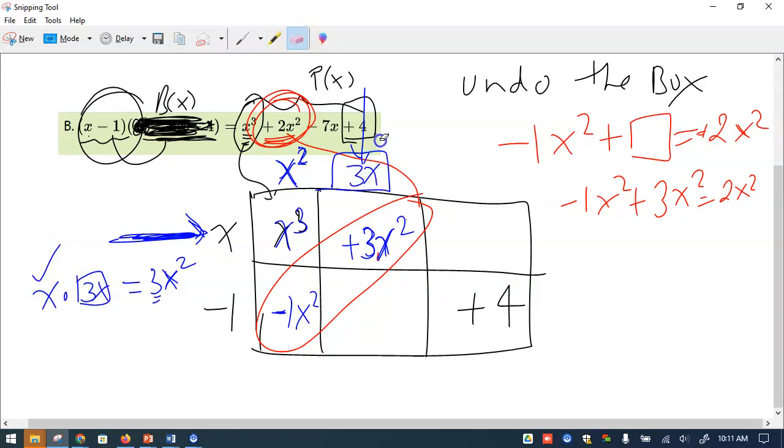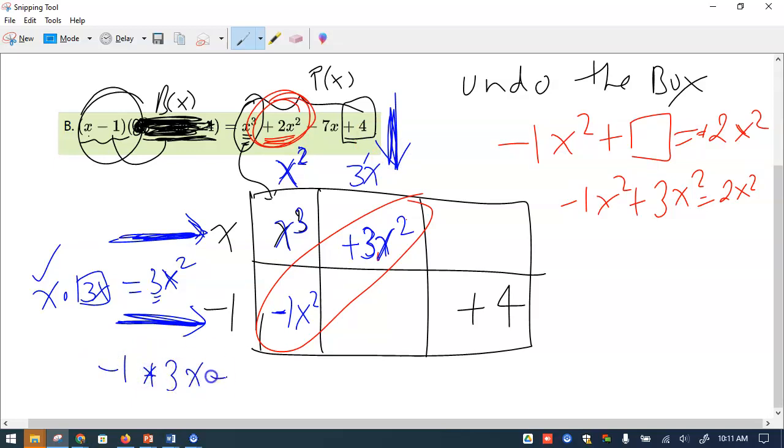Okay, hope that helps. So this red one I've done. Then the next is you multiply the second row, which is minus 1, and this one. So that means minus 1 times 3x will be minus 3x. So this will be minus 3x.